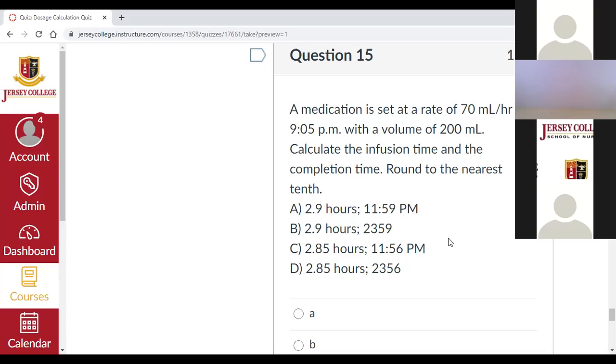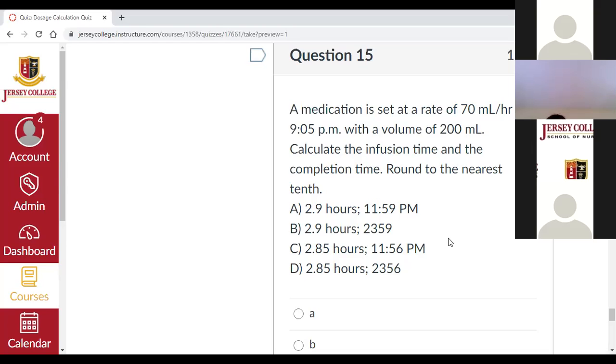Yeah, it's 2.85714. It continues. But what do the instructions say? Yeah, round to the nearest tenth. Right. So in order to round to the nearest tenth, we take that 2.85 and round it up to 2.9, because that 0.85 represents not just minutes, but also seconds, and we don't need the seconds. Okay.